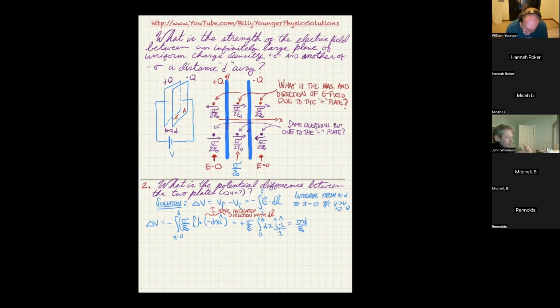All right, so we've now completed part 2 of the paradigm. Now we're going to do part 3 of the paradigm, which is usually the easiest of the parts. Part 3: use C equals Q over V to compute the capacitance.